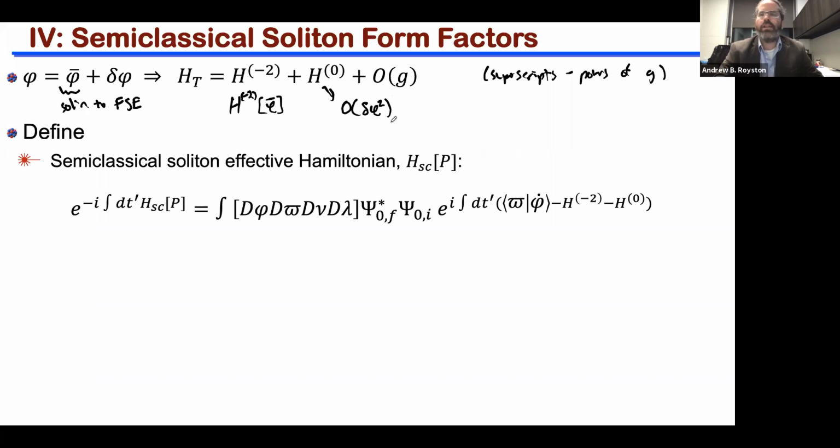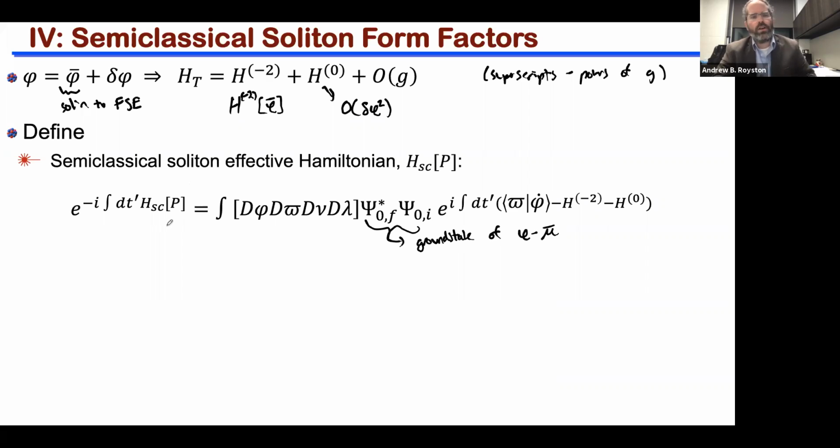So we're going to define two things we need to talk about that form factor. One is the semiclassical soliton effective Hamiltonian, where we carry out that saddle point integral in the sector of the ground state wave functions. Remember, these were part of the definition of soliton states.